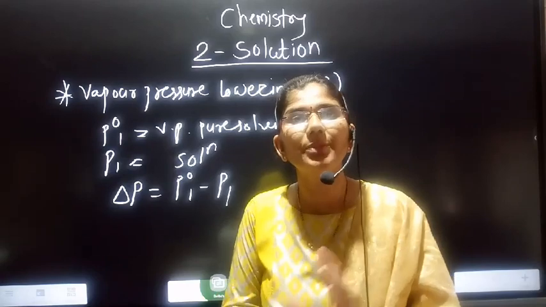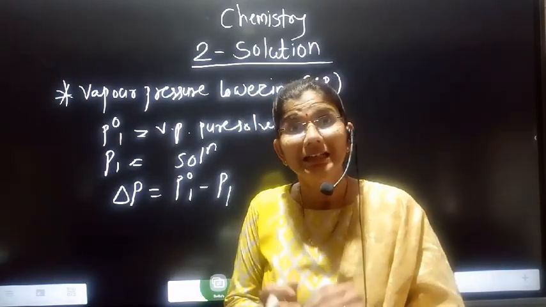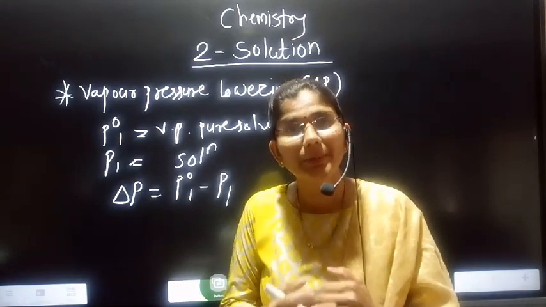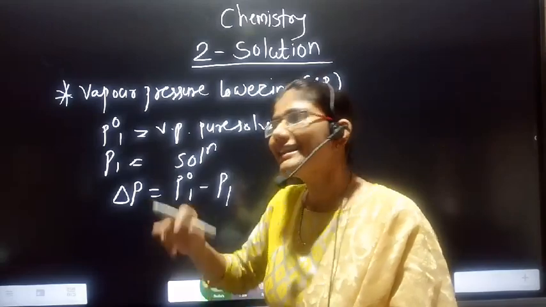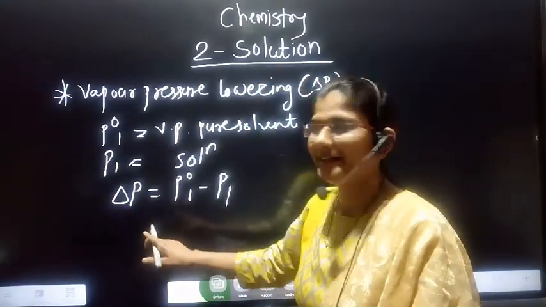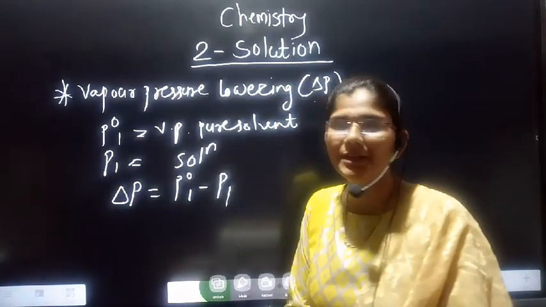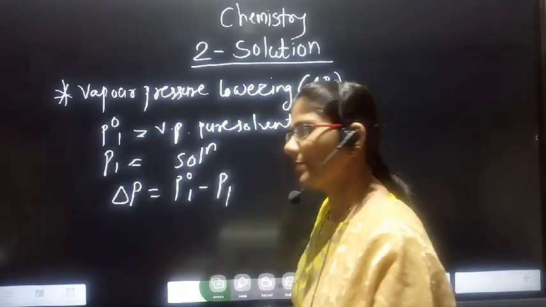Therefore, we compare the vapor pressure of the solution and the pure solvent. It is observed that the vapor pressure of the solution is lowered, and that lowering is denoted by the letter delta P. So delta P is equal to P01 minus P1.